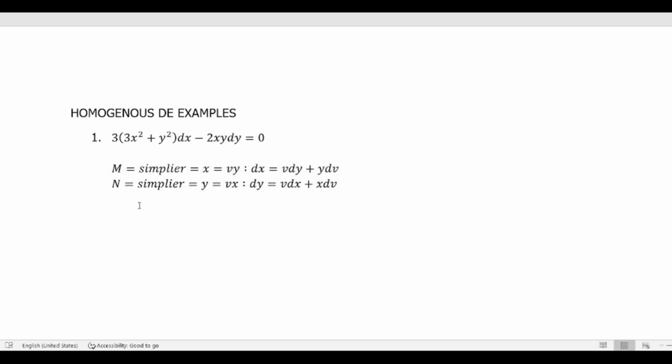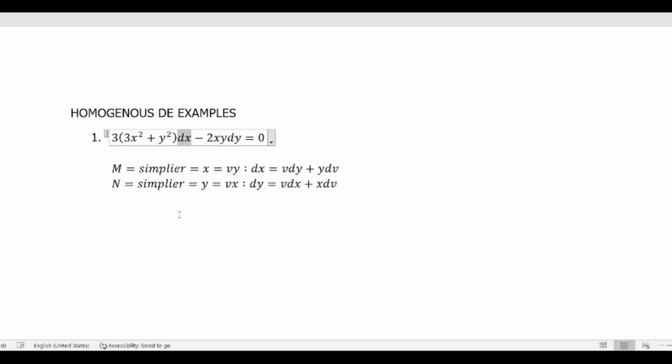There are only two terms that you need to remember. Number one is when m is simpler, we will be using this one. How do we know where m is? M is usually in the first term that is beside a dx.